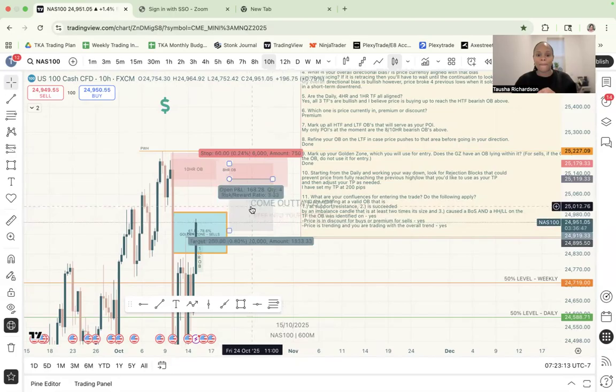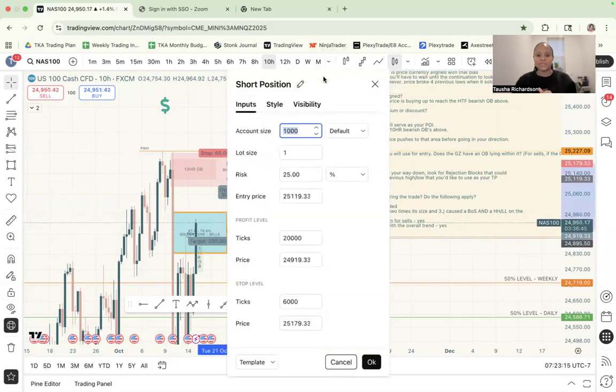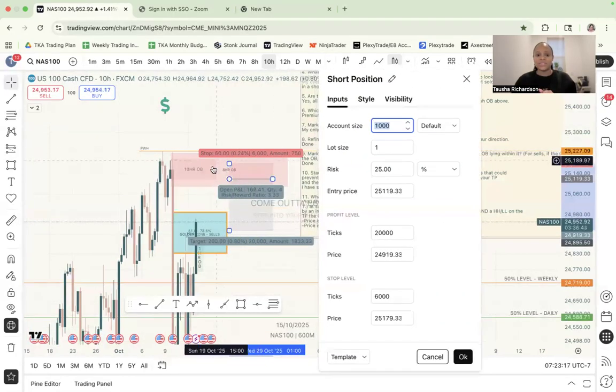So if you're interested in taking this trade, you want to set your entry at the bottom of the 10-hour order block. You want to use a 60 pip stop loss and a 200 pip take profit.